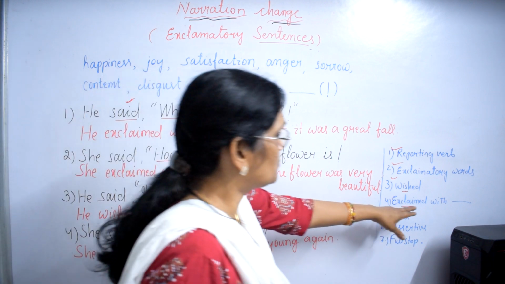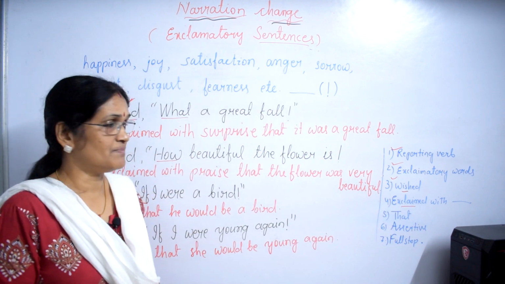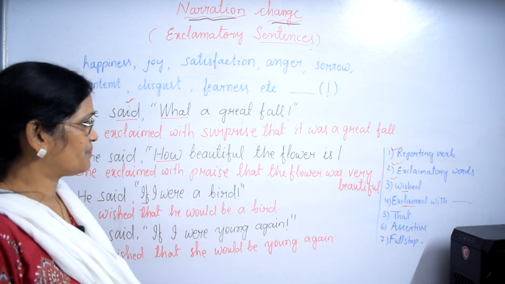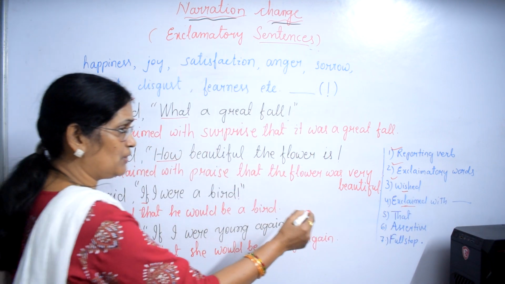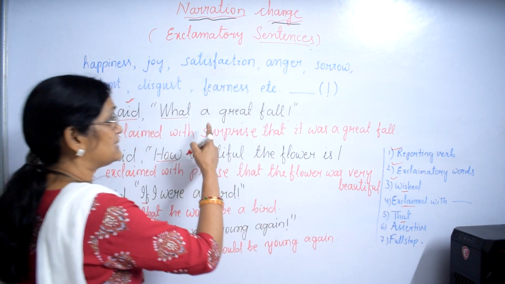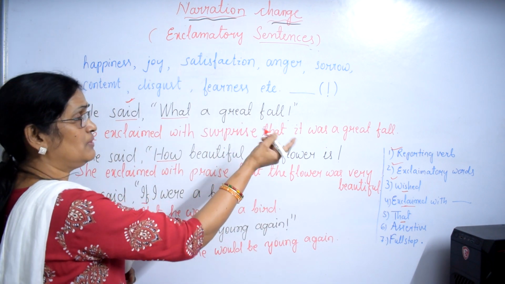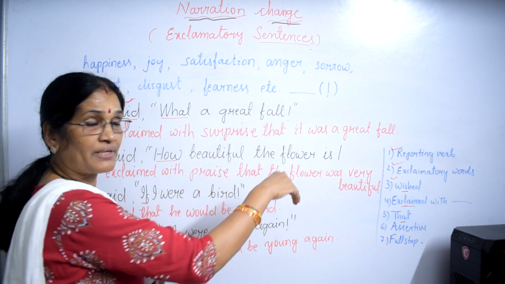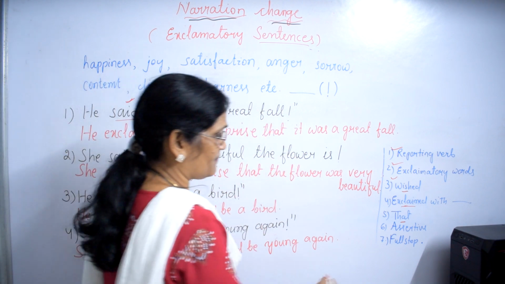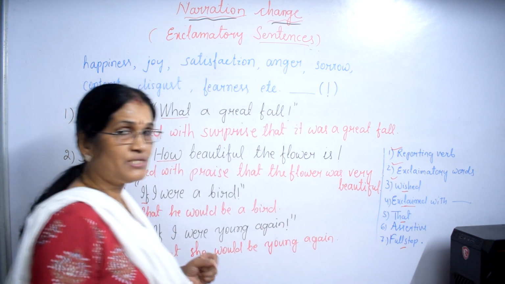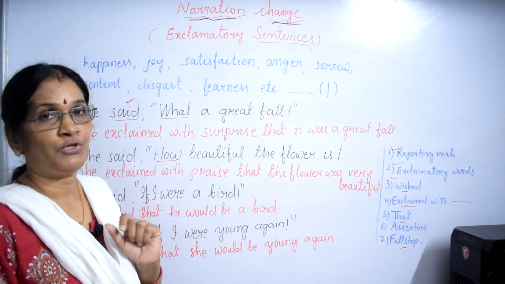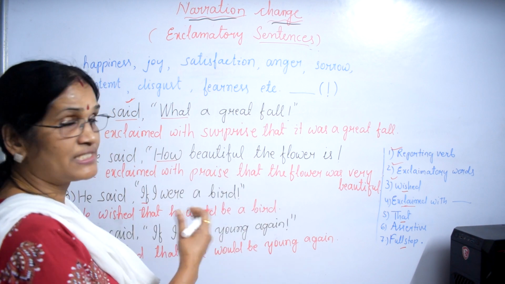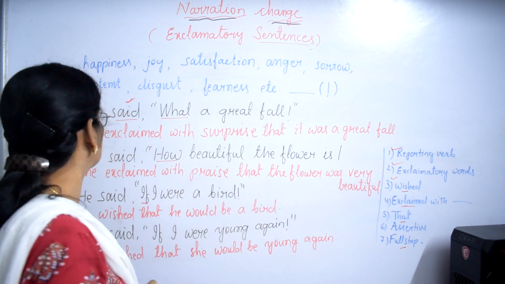We have to use whatever feelings come after exclaimed with. Then the conjunction that will be used and the exclamatory sentence will be converted into an assertive sentence. Then at the end of the sentence, which mark will come? Full stop. We have to focus on those points while changing from direct speech to indirect speech.